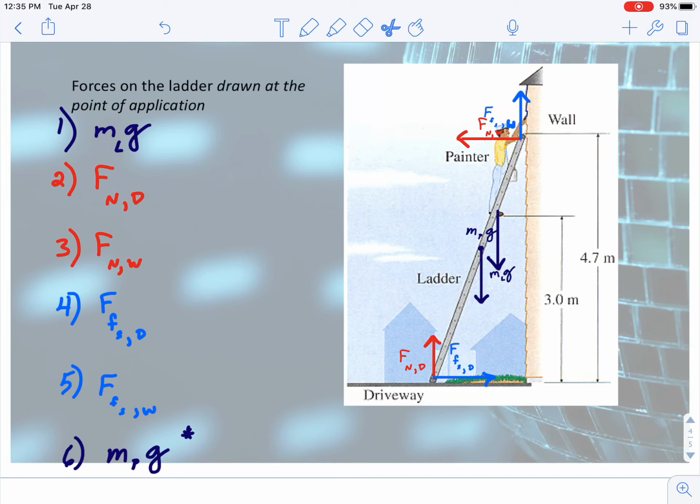In this case, since the ladder is not rotating, if we were to calculate all the torques acting on this ladder, we would find that the counterclockwise torques would have to cancel out with the clockwise torques. It would be a little bit tricky here because all of our forces are actually going to be at angles to the r vectors, and so the calculations would be kind of tricky.